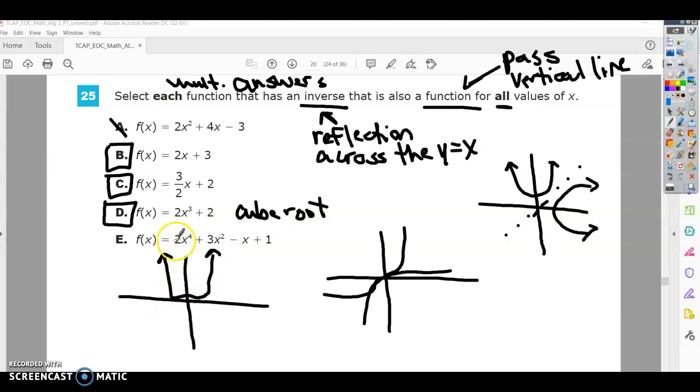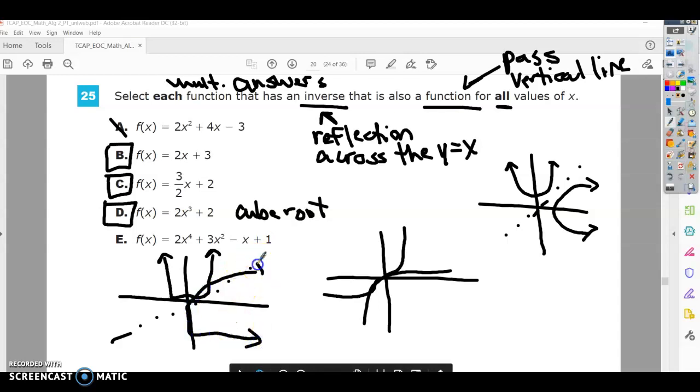If you reflect that across the y equals x line, it's going to be something like this, and if you use your vertical line test, you can see it would cross multiple points at a time. So that one would not have an inverse that is a function. So your answers for 25 are B, C, and D.